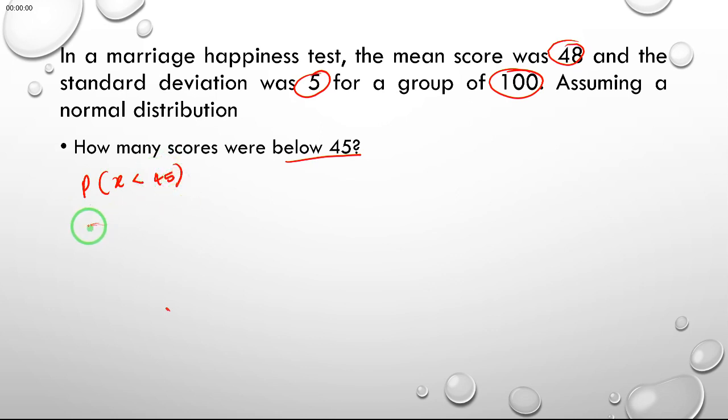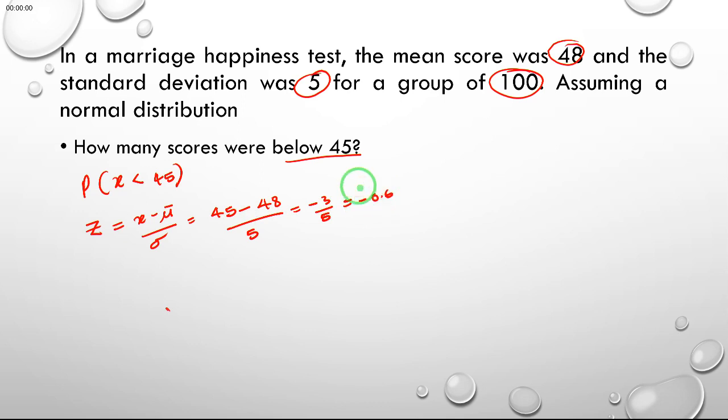The first thing is to find the z-score, given by x minus mu all over sigma. We know x is 45, mu is 48 and sigma is 5, so it becomes minus 3 over 5, which is minus 0.6.